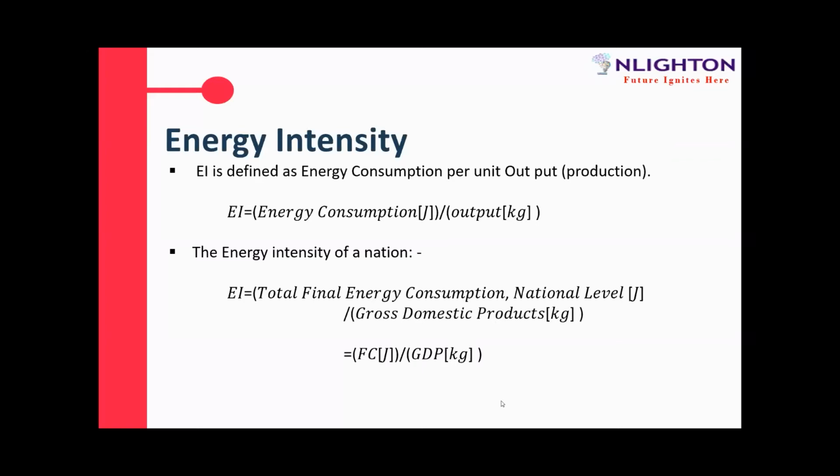You can ask another question. The energy consumption is very low in Mexico, in Malaysia, and in Turkey when compared to the US. Still, some of the countries' GDPs are high and some are low.